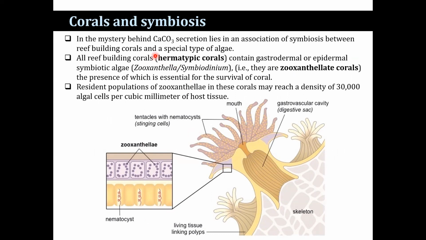The algae is Zooxanthellae. So they are the zooxanthellate corals, and its presence is essential for the survival of the corals. The resident population of Zooxanthellae in this coral may reach a density of up to 30,000 algal cells per cubic millimeter of the host tissue.